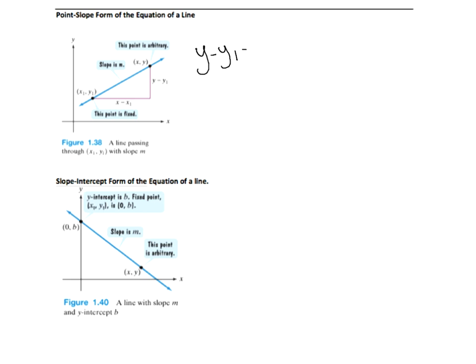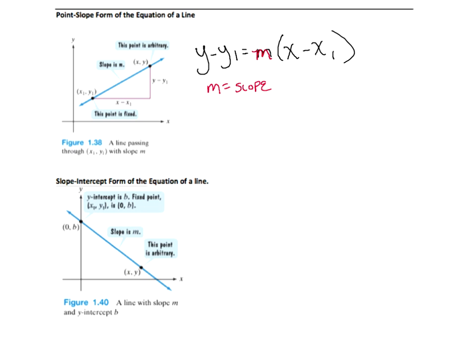Point-slope form of the line is y minus y1 equals m times x minus x1. Okay, so let me point out the different pieces here. The slope is always m. So m is your slope. That's the y2 minus y1 over x2 minus x1.